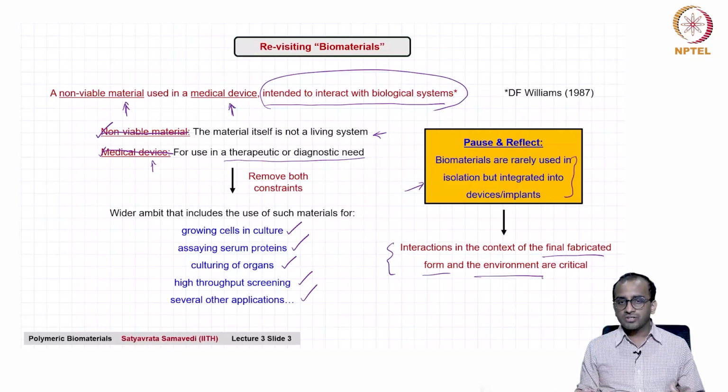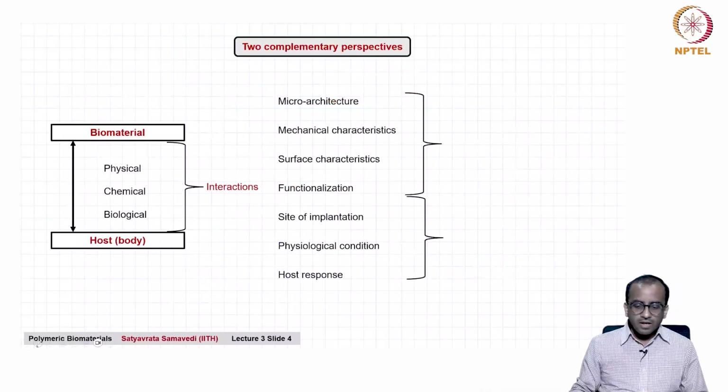So it is not just about saying that I have a material that I'm going to use. What is the form of the material? What is it integrated with? Is it a composite? Is it integrated into a device? And what is the environment it is going to be deployed in within the body, for example. So all these aspects are important to think about when we design biomaterials.